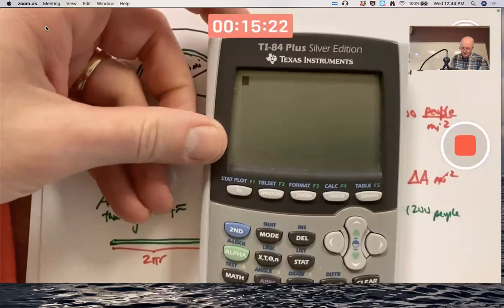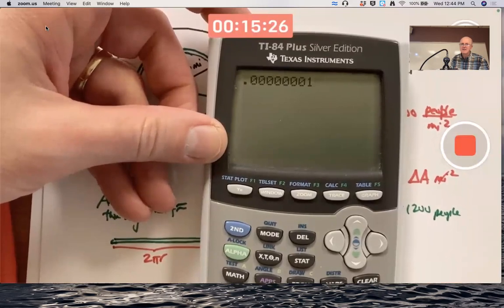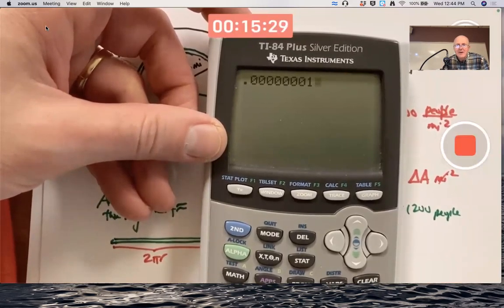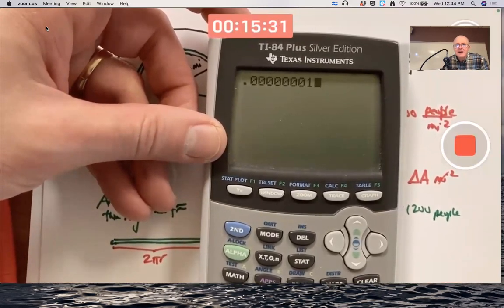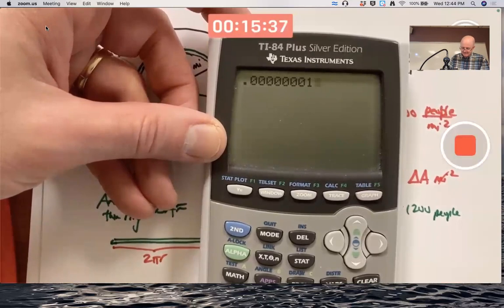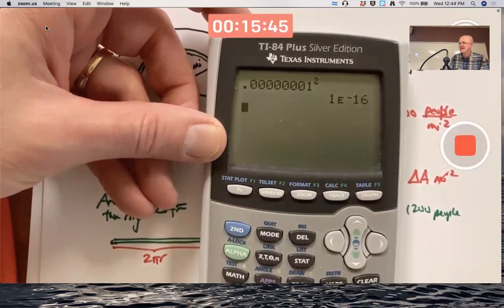Like if delta r were 10 to the negative 8, that's 0.00000001. 10 to the negative 8 squared is 10 to the negative 16. Which is, I hope you realize, 100 million times smaller than 10 to the negative 8.